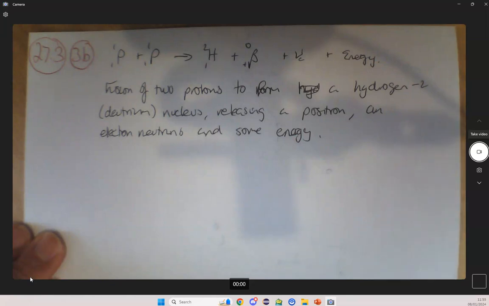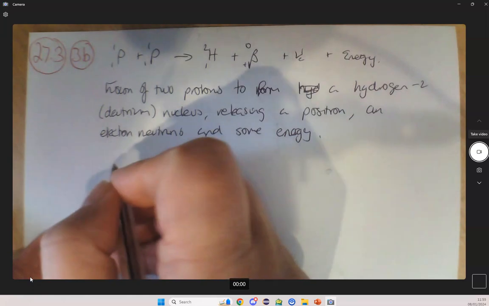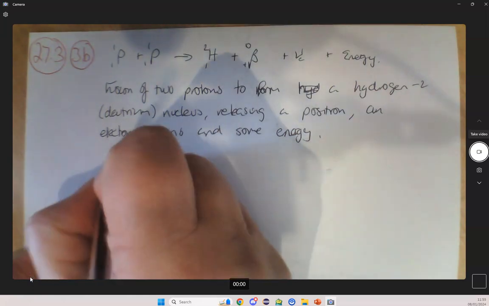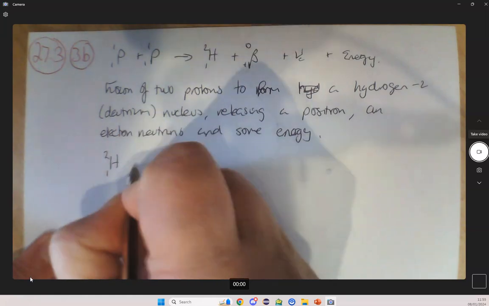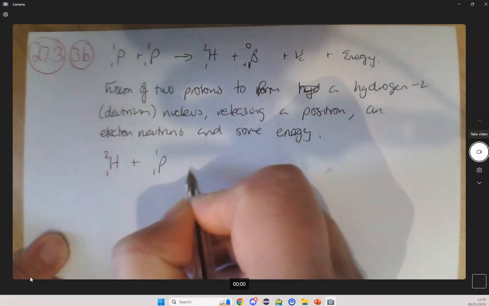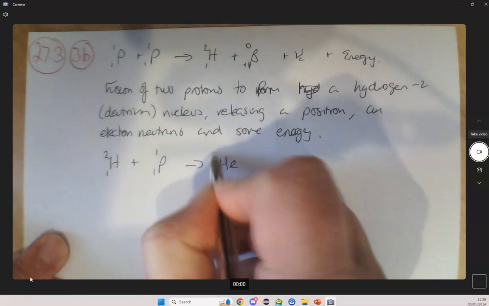The second equation we're given is a deuterium, I assume nucleus, plus a proton, which is going to give us helium 3.